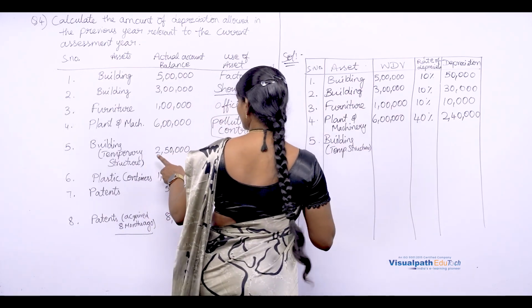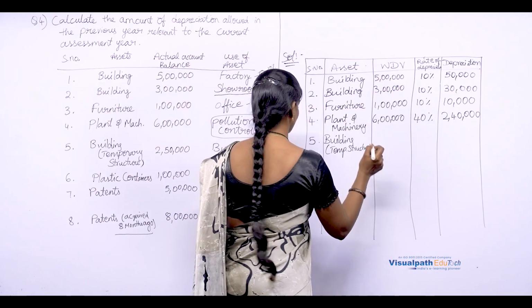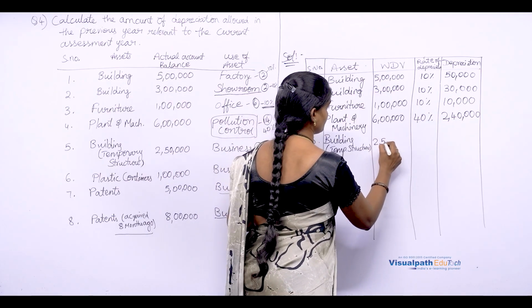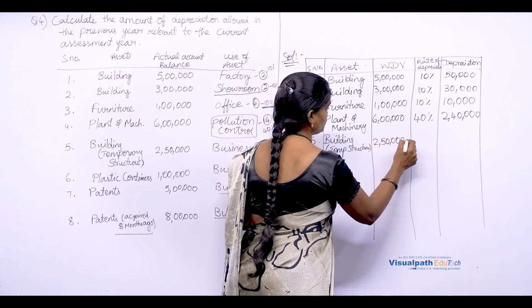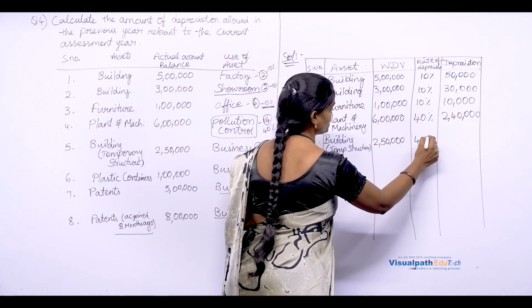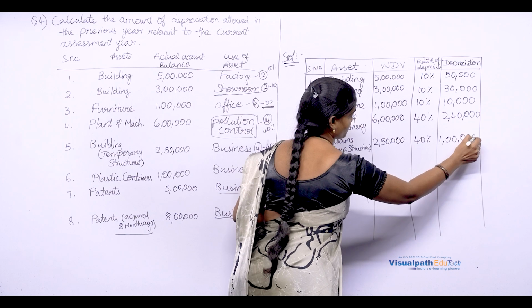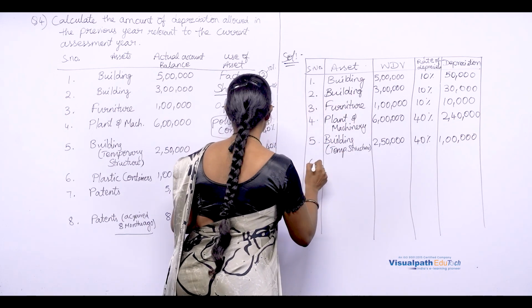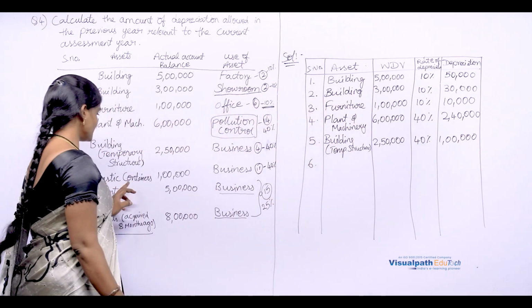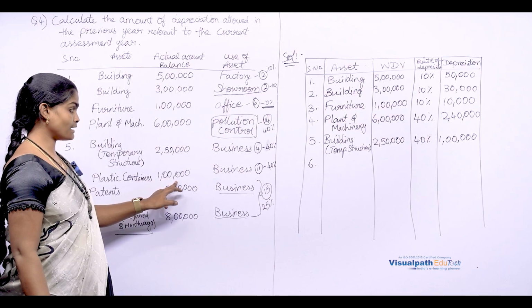What is the value? 2 lakh 50,000. 2 lakh 50,000 into 40% will give you 1 lakh. Next, sixth one, plastic containers 1 lakh.